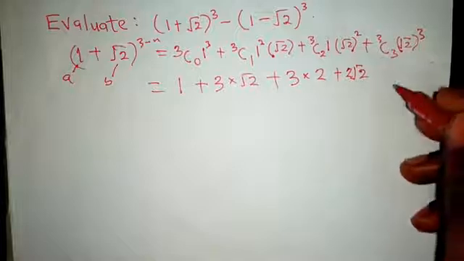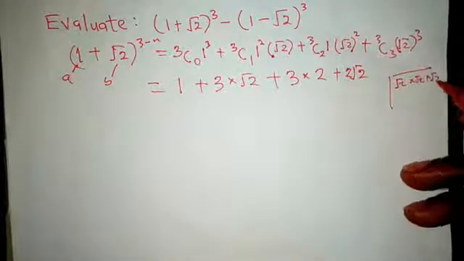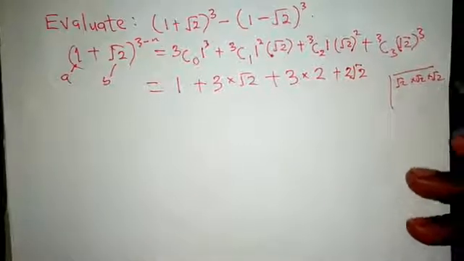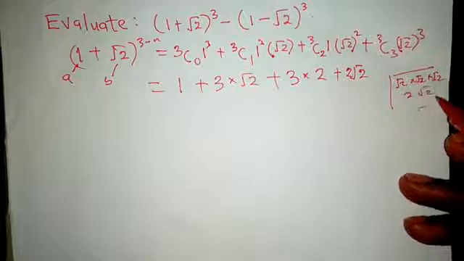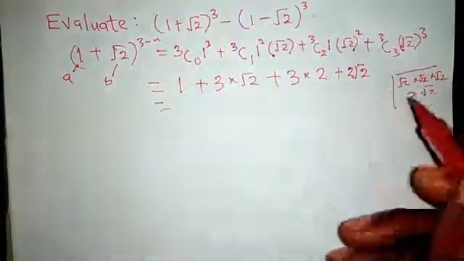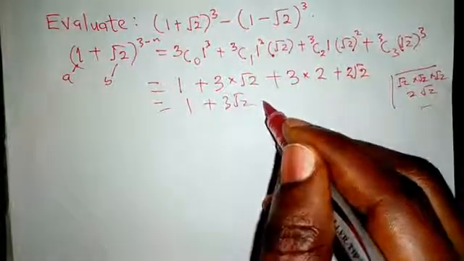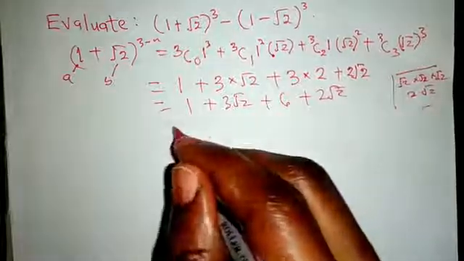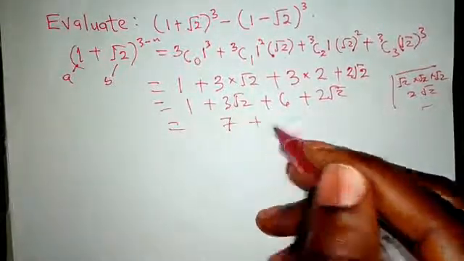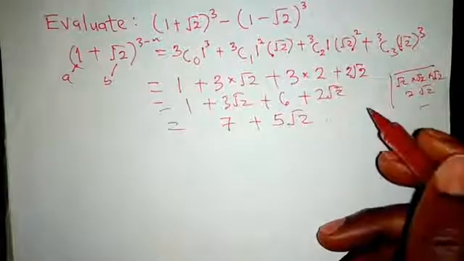That is root 2 times root 2 times root 2, and then root 2 times root 2 gives us 2, and this gives 2 root 2. So this equals 1 plus 3 root 2 plus 6 plus 2 root 2. And this gives 1 plus 6 is 7, plus 3 root 2 plus 2 root 2 gives 5 root 2.